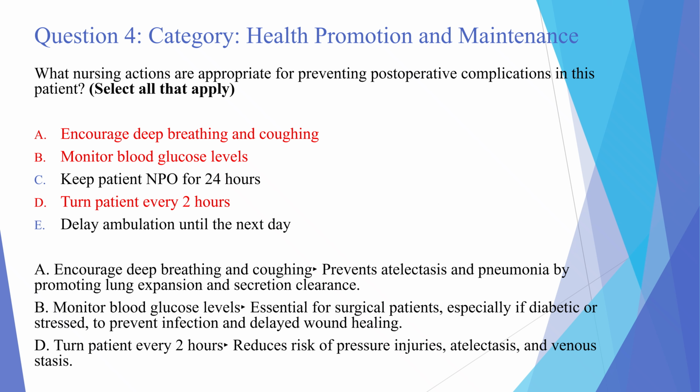I'm choking on this question. I can't believe. Monitor blood glucose levels, essential for surgical patients, especially if diabetic or stressed, to prevent infection and delayed wound healing. And D, turn patient every 2 hours, reduces risk of pressure injuries, and for the venous studies.